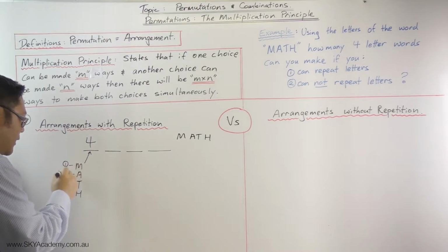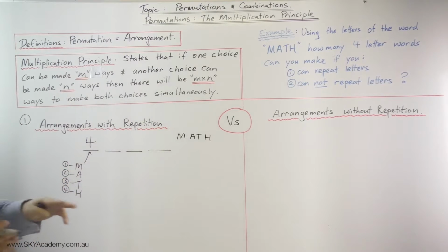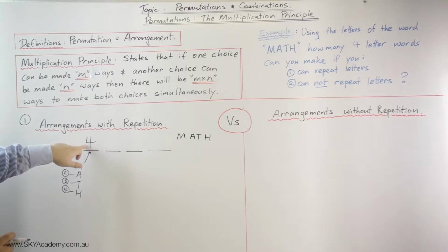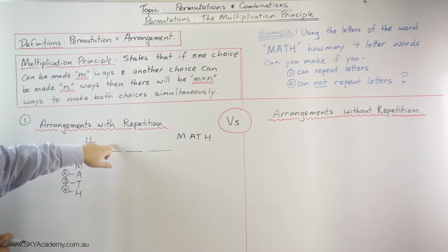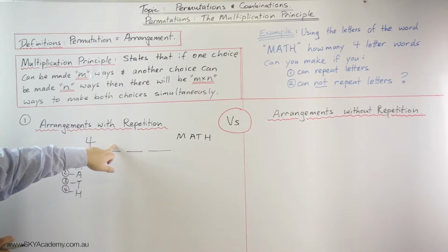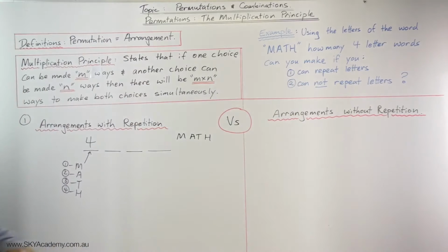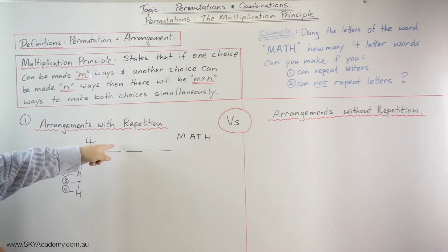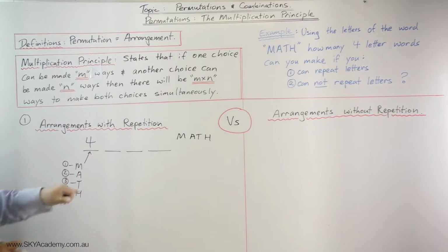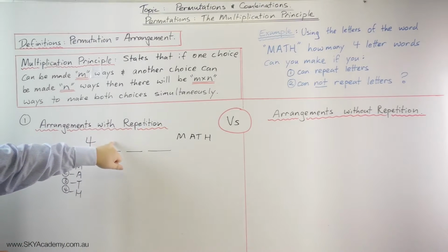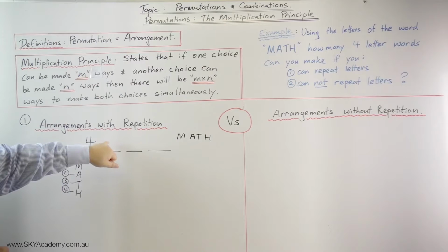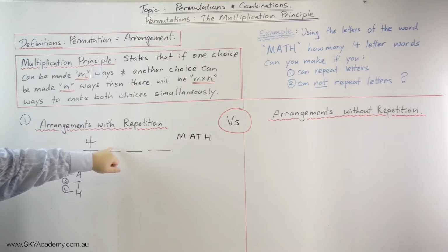Hopefully not, okay? Now, if we can repeat the letters, in other words, if we've chosen the letter M for the first position, can we now choose the letter M for the second position? Well, if we're saying that we can repeat the letters, then the answer is yes. So we can use the letter M again. If that's the case, how many choices can we make for position 2?